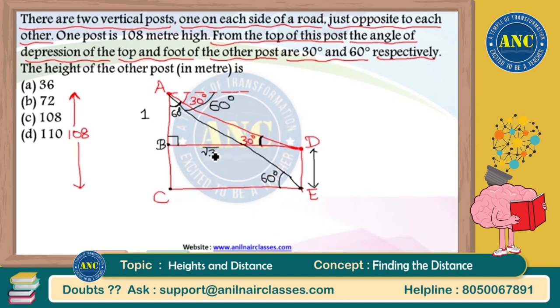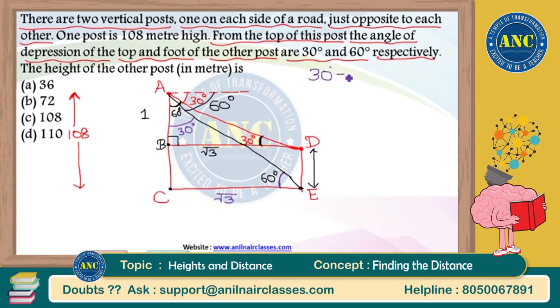Now that is for the smaller triangle. Similarly, there is another bigger triangle, ACE. In ACE, the angle is 60 degrees, so this angle happens to be 30 degrees. Now BD is root 3, so CE also will be root 3.